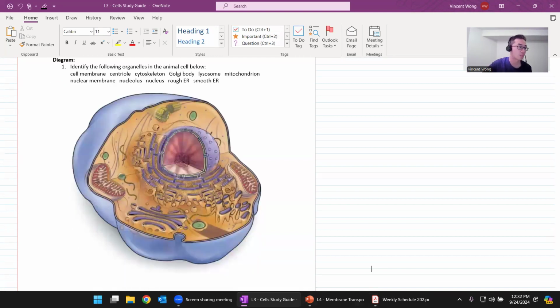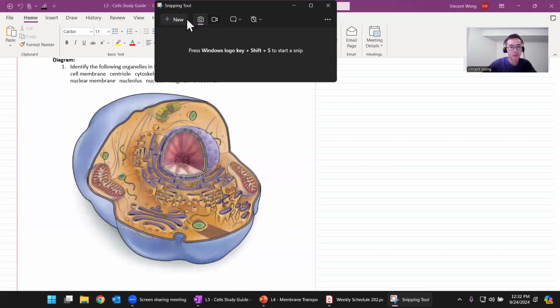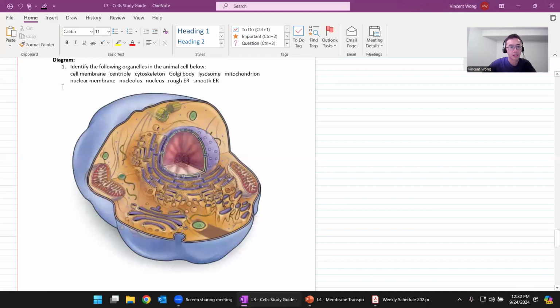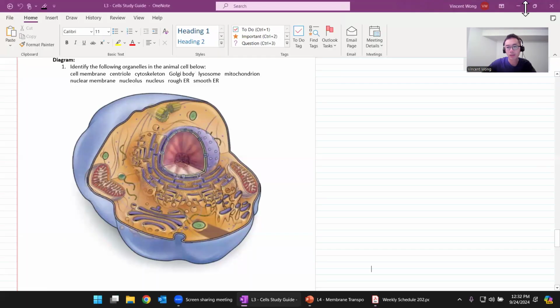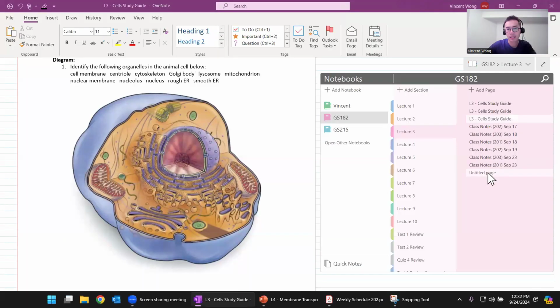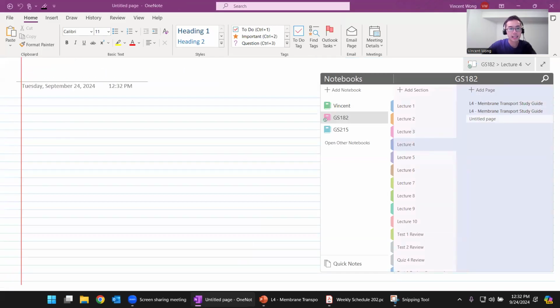If you have the study guide with you, you can turn to this page and we'll label the cell together, and I'll remind you of the functions of some of the things that we have in the cell. I'm just going to make a copy of it and put it in today's class notes.